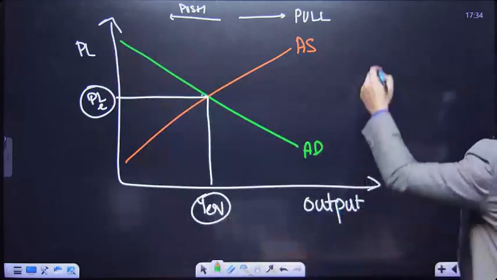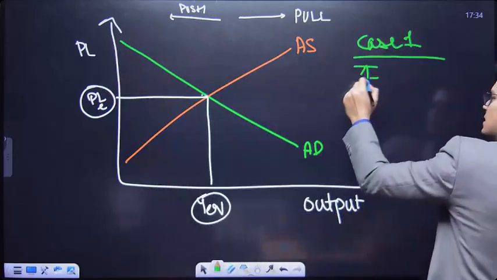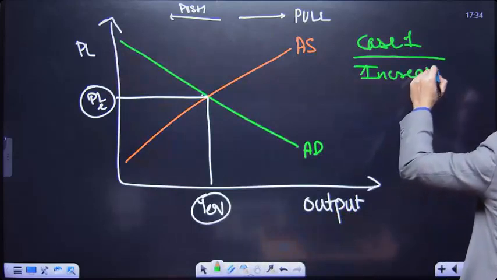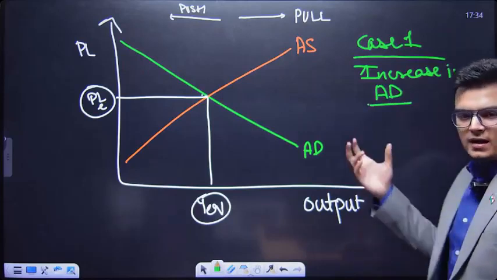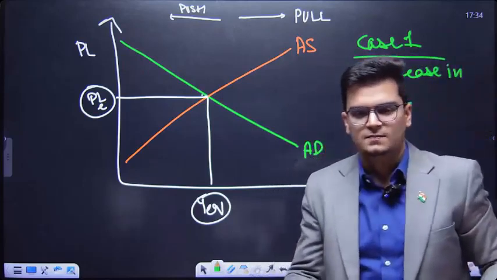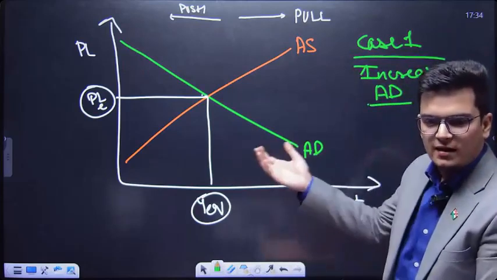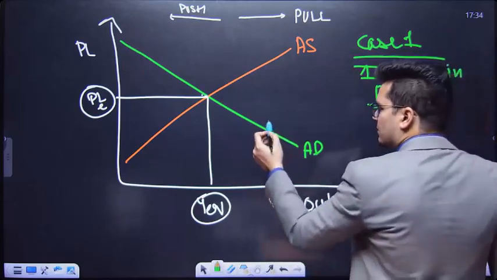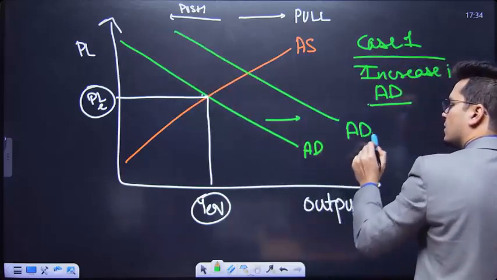अब देखते हैं. Let's say case 1, there is increase in aggregate demand. Aggregate demand in the economy has increased. तो अब aggregate demand increase होगी तो where will the aggregate demand curve shift? It will shift outward. This will become the new aggregate demand curve, AD1.